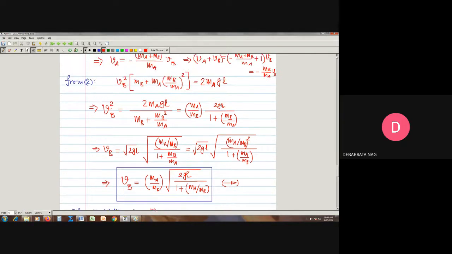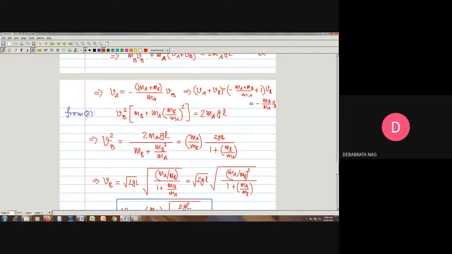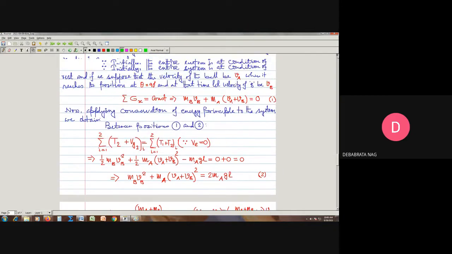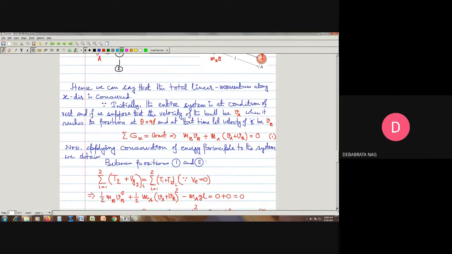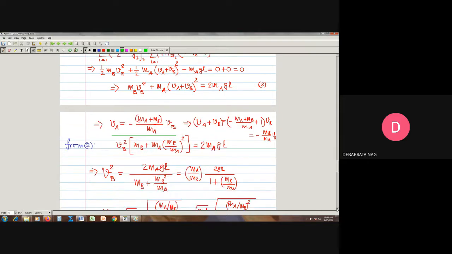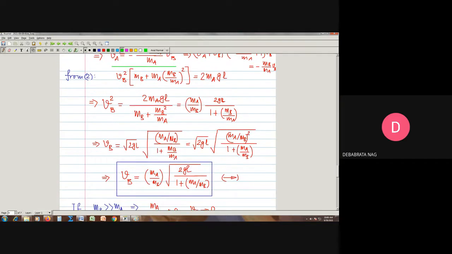Because we have just now seen that there is a negative sign between the velocity of A and B in this equation. So if VA is towards left, which in fact it is, because the relative velocity of the pendulum bob is always going to be towards this left side, and since that negative sign is present in the system, we naturally find that the velocity of block B will be going towards right.